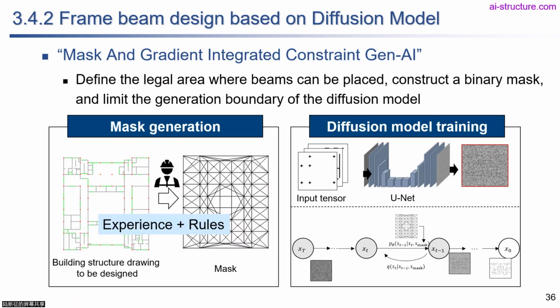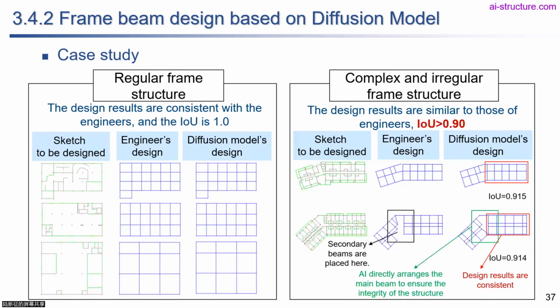And here is the result. For the regular frame, the AI can generate the beam layout identical to the engineer design. And for some irregular layouts, AI can generate a result either very similar to the engineer design, and in some cases even better than the engineer design.